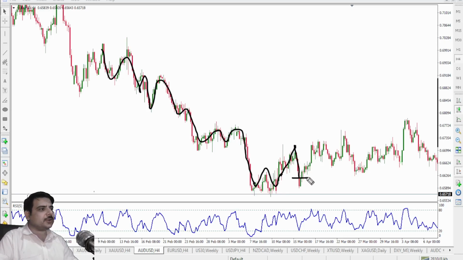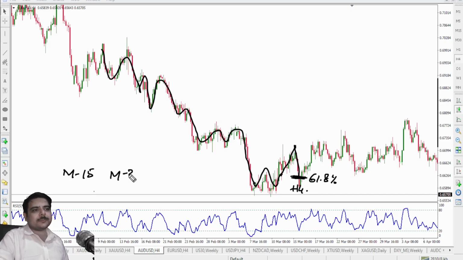It dropped, it gave a 61.8% retracement. It must be tradable. Maybe if you are looking at it right here on the H4, you can find a nice entry on M15, M5 or M30, maybe H1 as well.